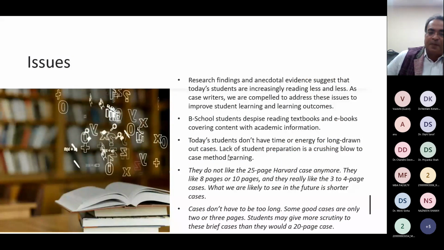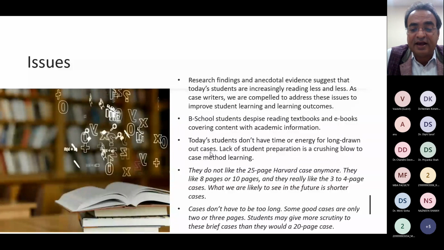Before we talk about what a compact case is, there are certain issues which need to be acknowledged or understood by all of us here. Research findings and anecdotal evidence suggest that students today, especially B school students, seem to be reading less and less.